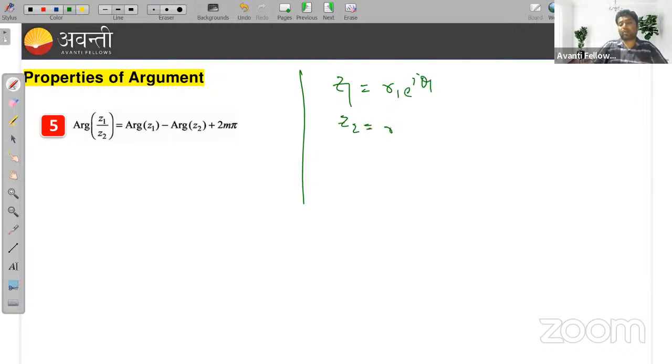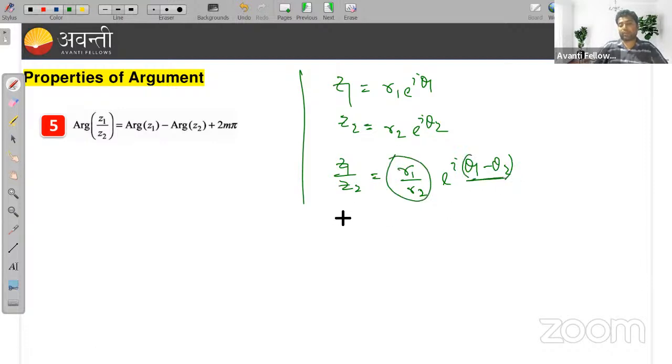Z2 is equal to R2 e to the power I theta 2. Then Z1 upon Z2 becomes R1 upon R2 into e to the power I into theta 1 minus theta 2. Yes or no? So now this is my modulus, this is my argument. So argument of Z1 upon Z2 is equal to theta 1 minus theta 2.